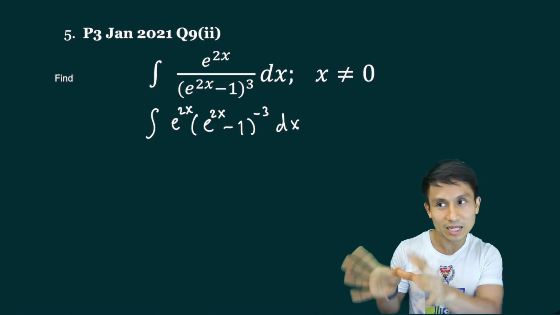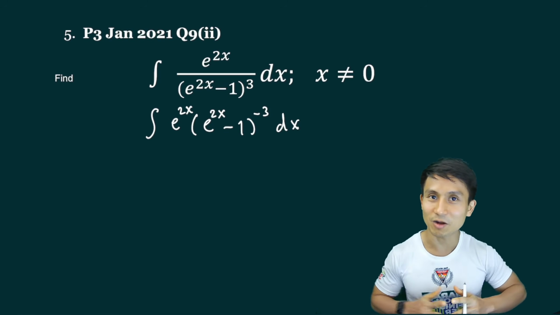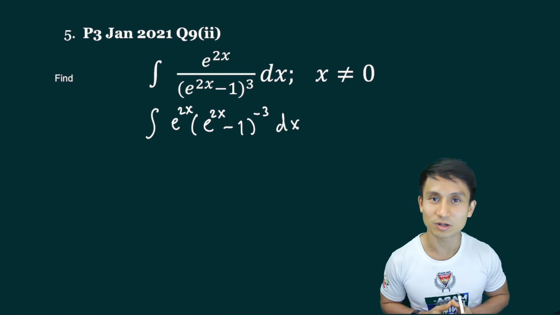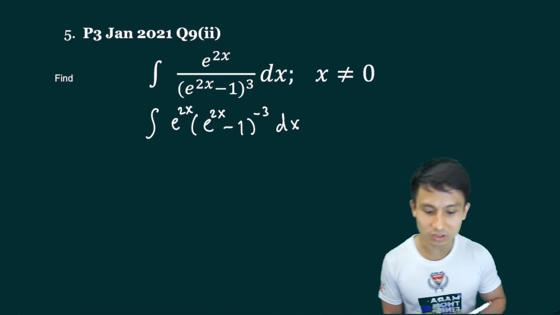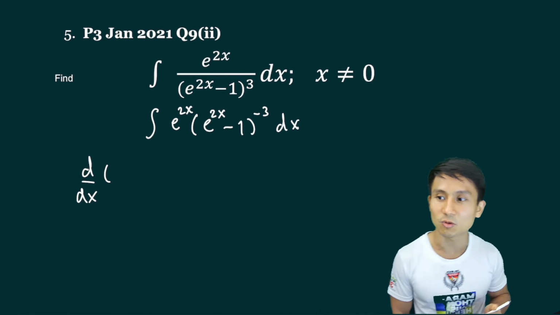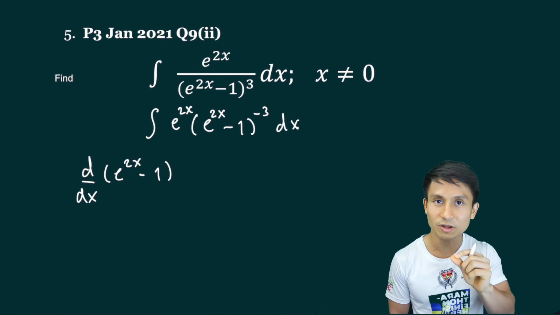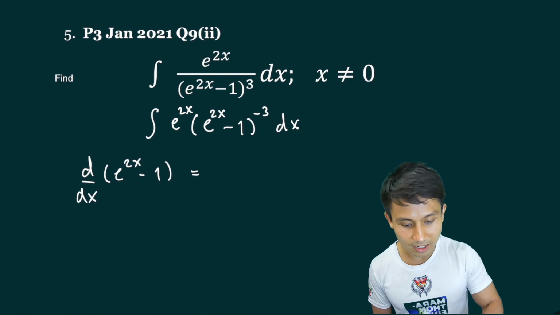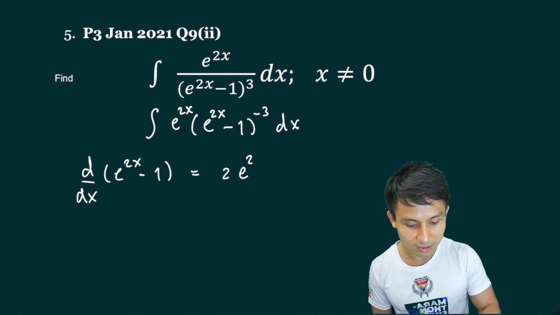But if you change it to this, to the power of -3 instead, you will see that the second form might work. But we need to try differentiating the inner function first. So we differentiate the inner function, the one with the power. When you differentiate, you take the power out. That's why I didn't bring the -3. Differentiating it, we get 2e to the 2x, right?